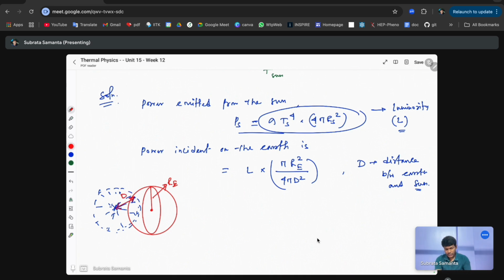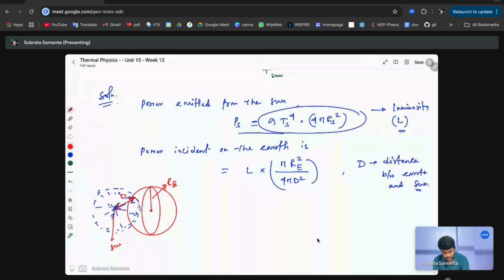So the power incident on the earth is luminosity times pi re square, the area of this circle.